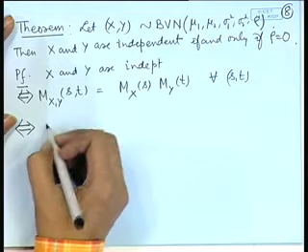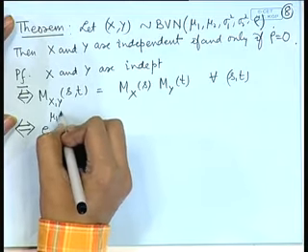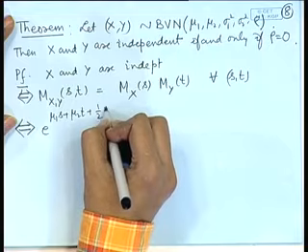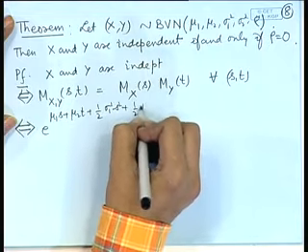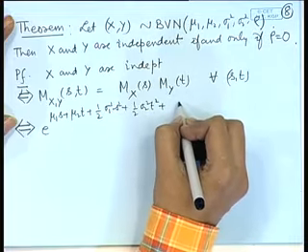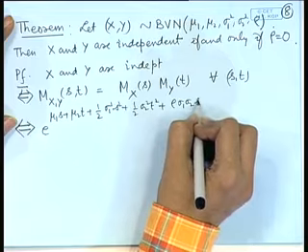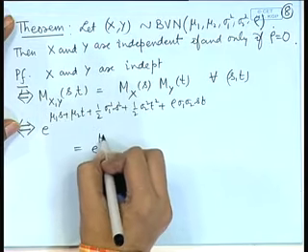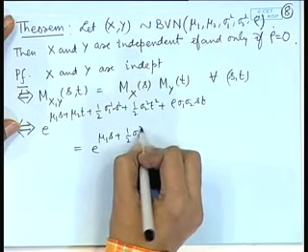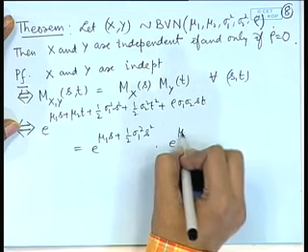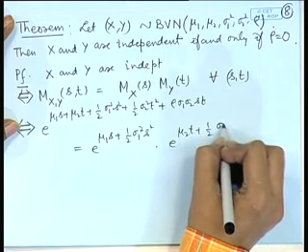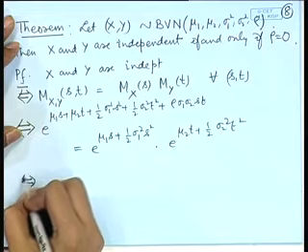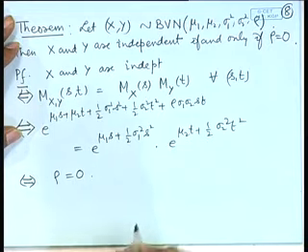Now, this is equivalent to e to the power mu 1 s plus mu 2 t plus half sigma 1 square s square plus half sigma 2 square t square plus rho sigma 1 sigma 2 s t equal to e to the power mu 1 s plus half sigma 1 square s square times e to the power mu 2 t plus half sigma 2 square t square. So, this is equivalent to the statement that rho is equal to 0.